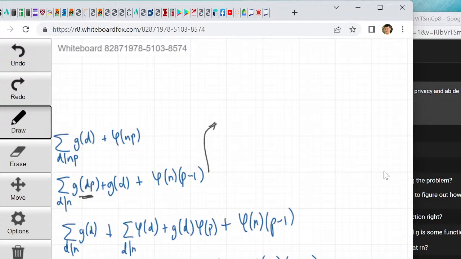So maybe we could separate the primes that have p's in it, those that don't. The primes that do have p's in it, the p just comes out. Things that don't have p's in it, that's something else.